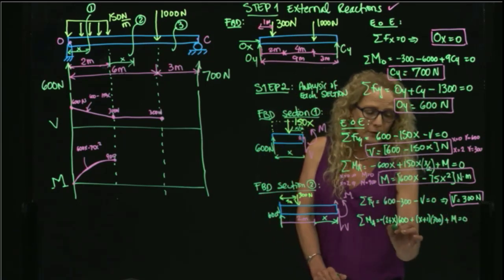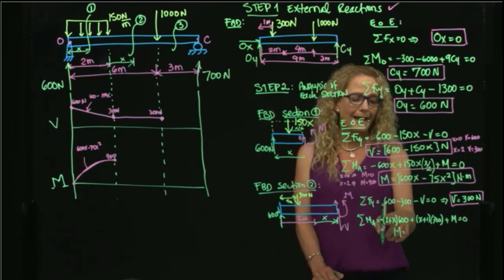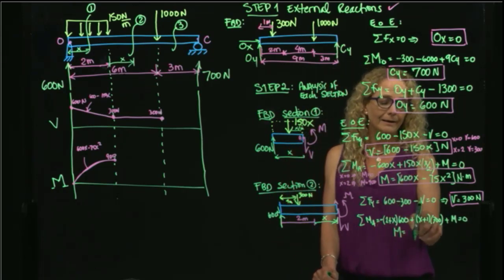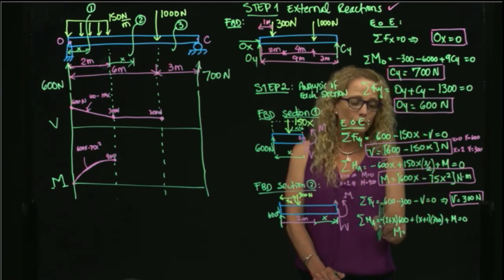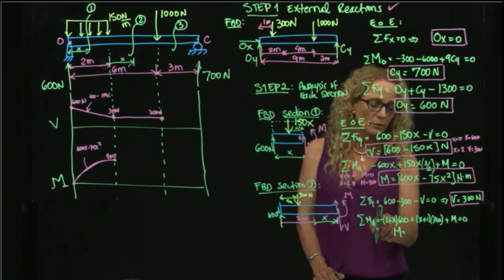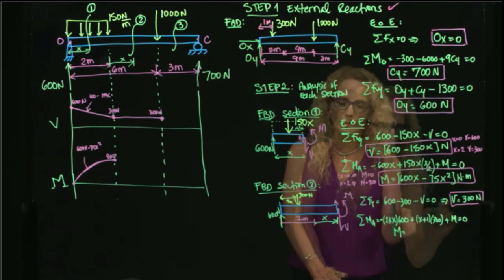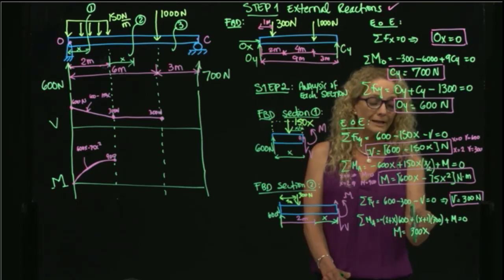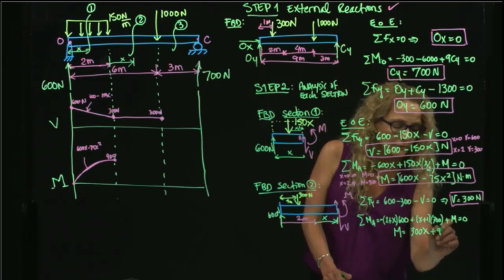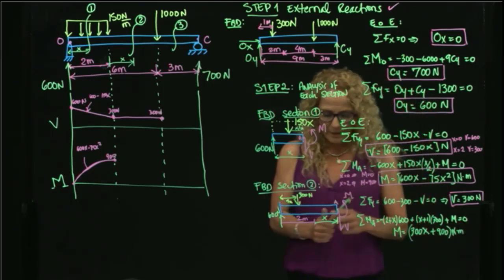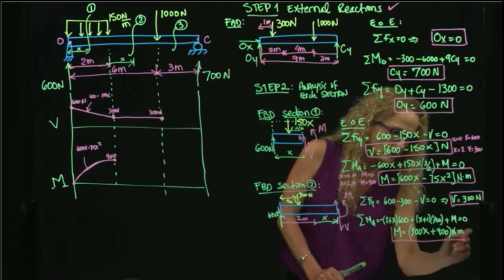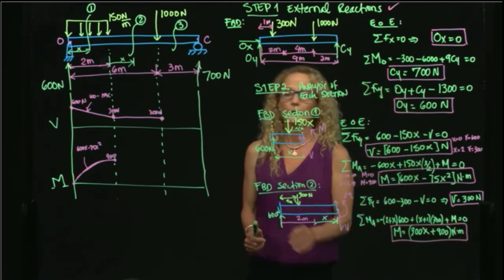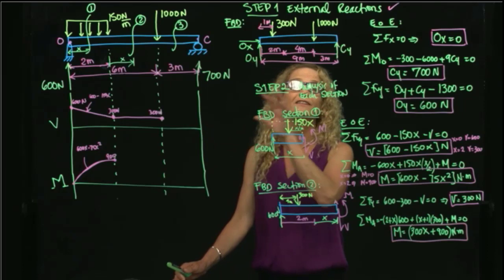So if I solve for M, I have 600x and here I have 300x. This is negative, this is positive. So finally, as you see, I have 600 times 2 and 300 times 1. 300x, 1200 minus 300 gives me plus 900. And that's newton meters. Okay, so we were able to find the expression for the moment for the second part.